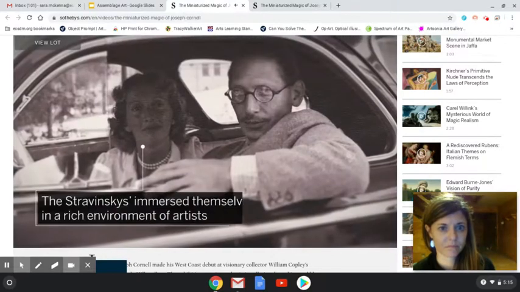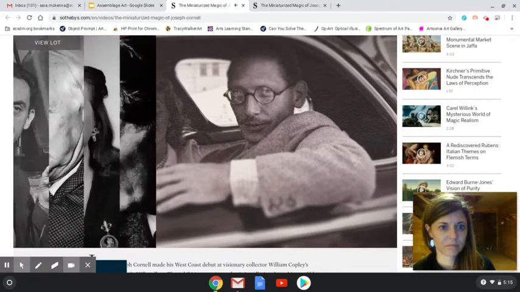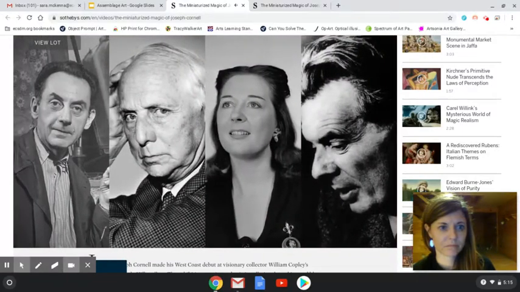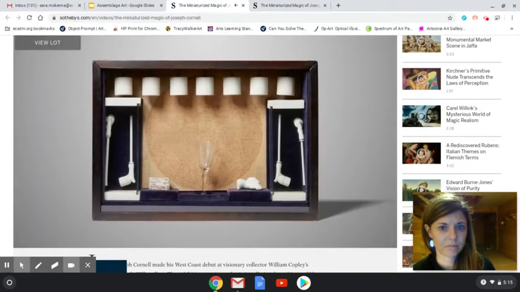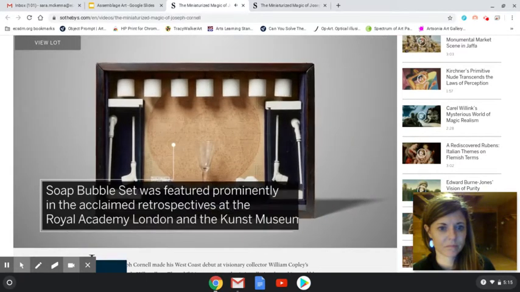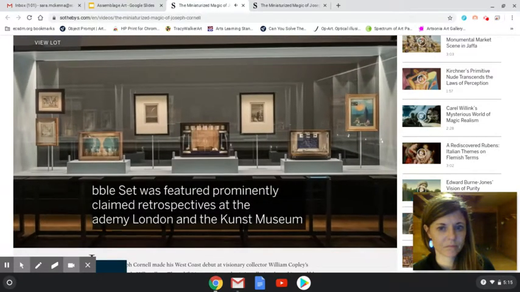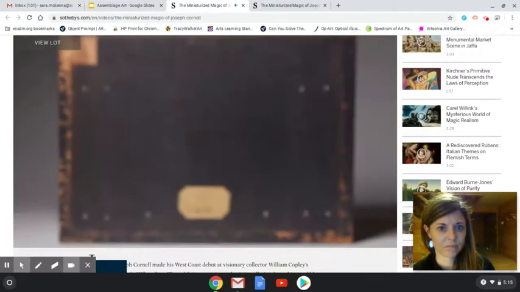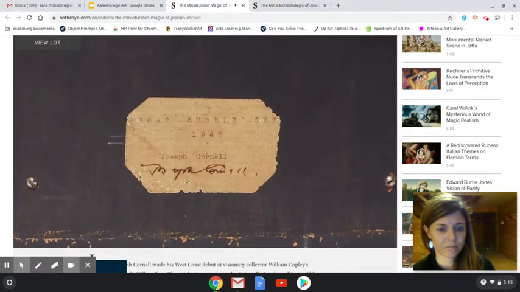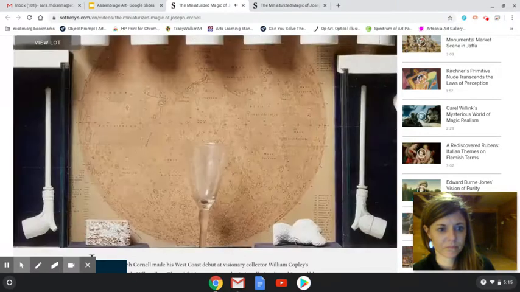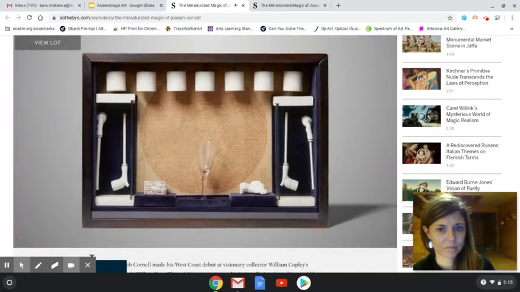The Stravinskys immersed themselves in a rich environment of artists, including Man Ray, Max Ernst, Dorothea Tanning, and Aldous Huxley. Soap Bubble Set was featured prominently in the acclaimed Joseph Cornell retrospectives at the Royal Academy London and the Kunstmuseum in Vienna. Today it can be understood as Cornell's metaphysical treatise on the machinations of the cosmos, and remains a testament to the artist's encyclopedic knowledge of art history and popular culture.